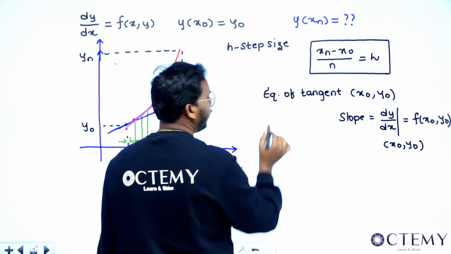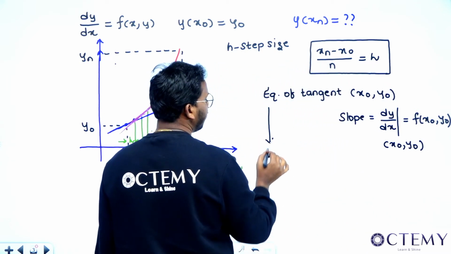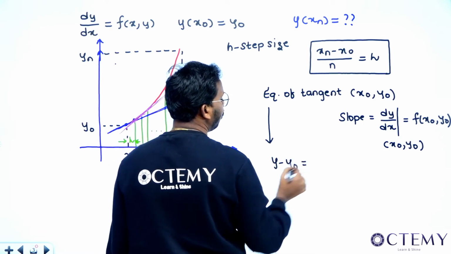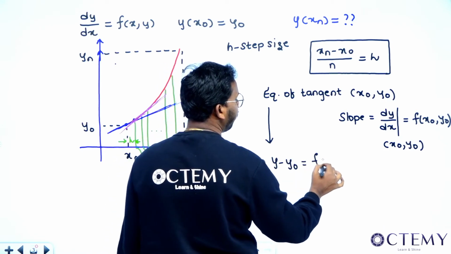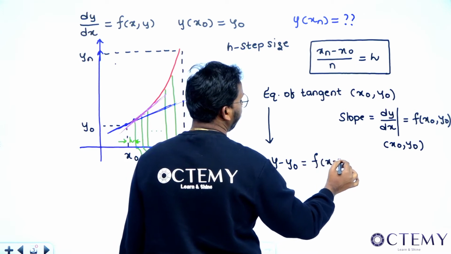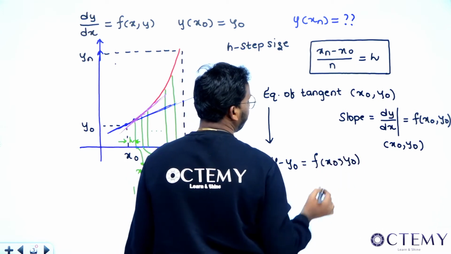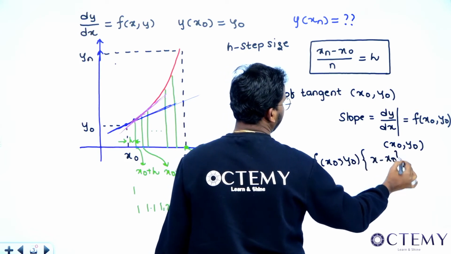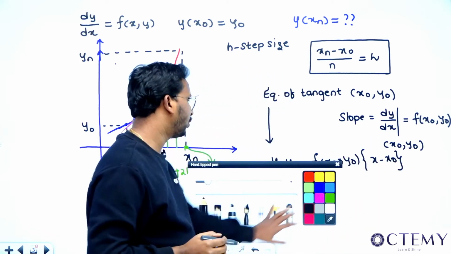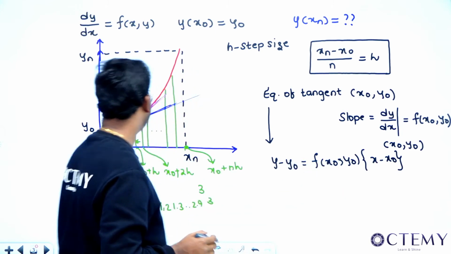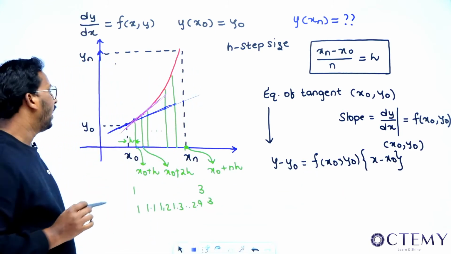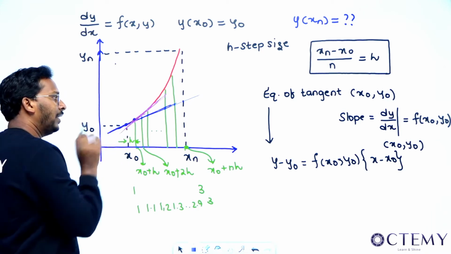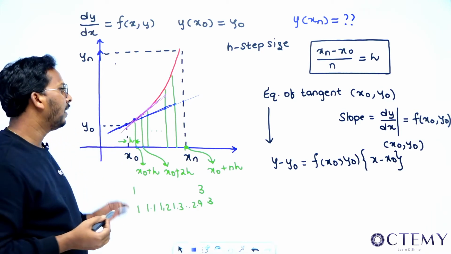That means what will be the equation of tangent, sir? That is y minus y naught is equal to m, where m is f(x naught, y naught), into (x minus x naught). This is your equation of tangent. Now see sir, this blue line is a tangent, and if you observe, if h is very small, this point is lying on the tangent, right?